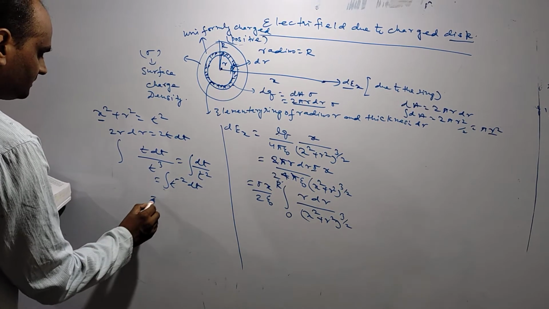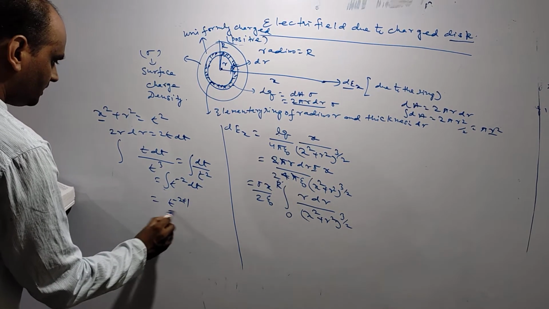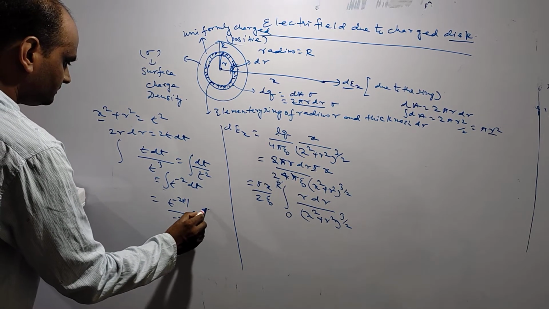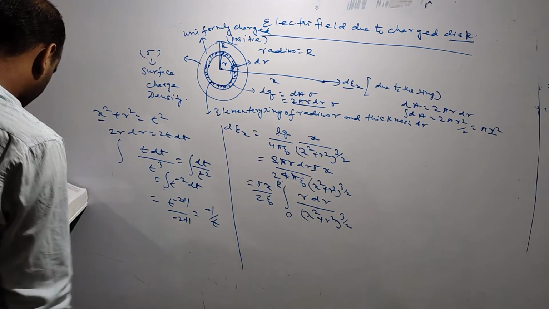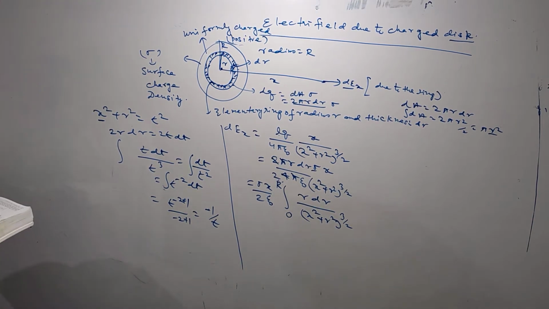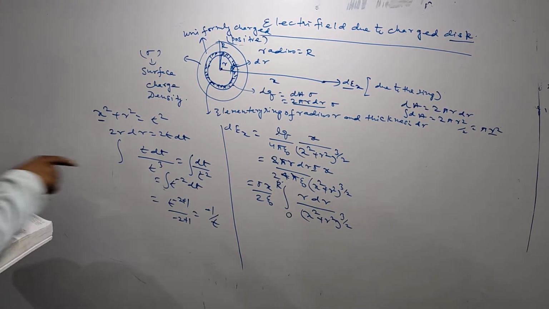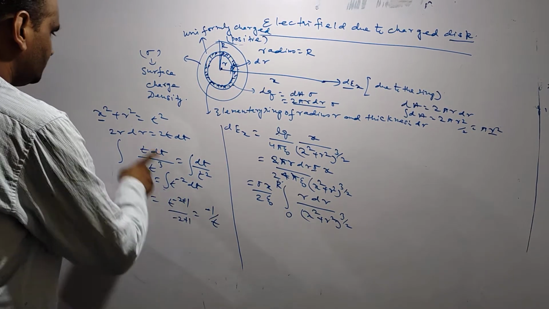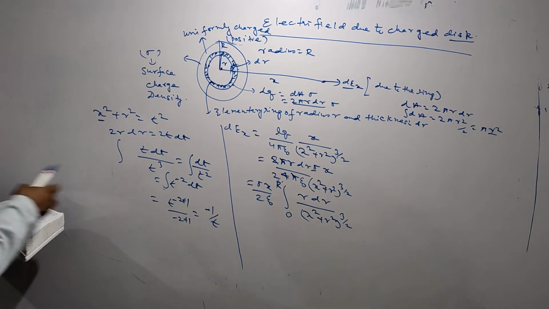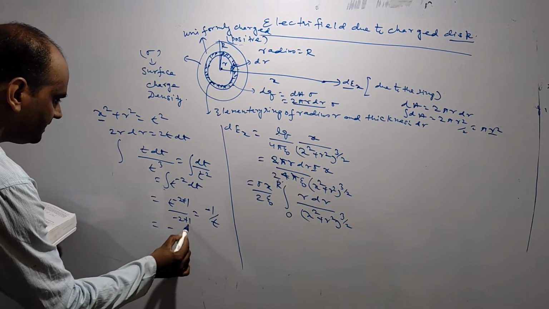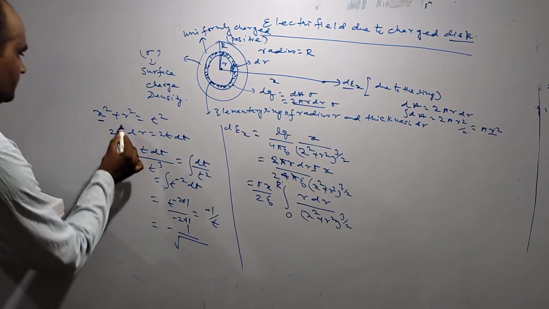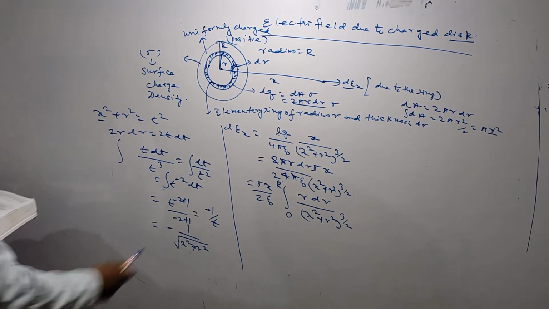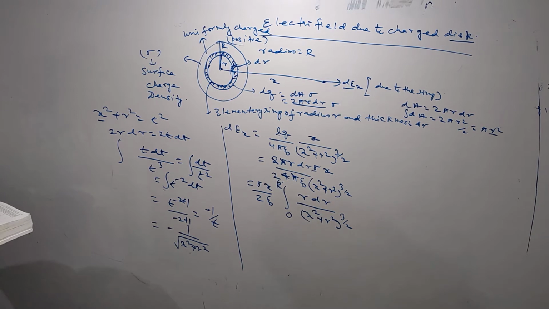Integrating, we get t to the power minus 2 plus 1 over minus 2 plus 1, which is minus 1 by t. Putting t equal to the square root of x squared plus r squared, we have minus 1 by the square root of x squared plus r squared. This is your integration.